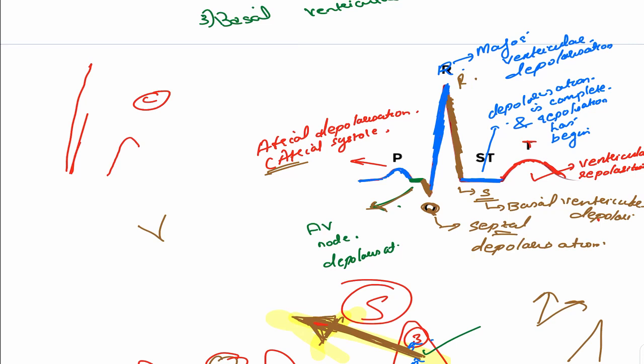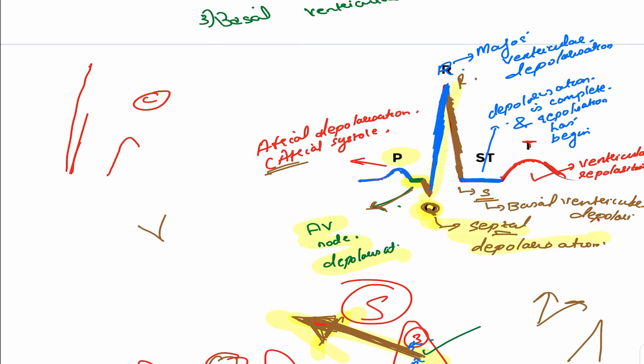Now, just coming back, P was atrial depolarization or atrial systole, and then there was the segment between P and Q, the PQ segment, not the PQ interval, it's different. Interval and segment are different. So the PQ segment is AV nodal depolarization, which is not picked up. Then Q is the downward deflection, which is due to septal depolarization.